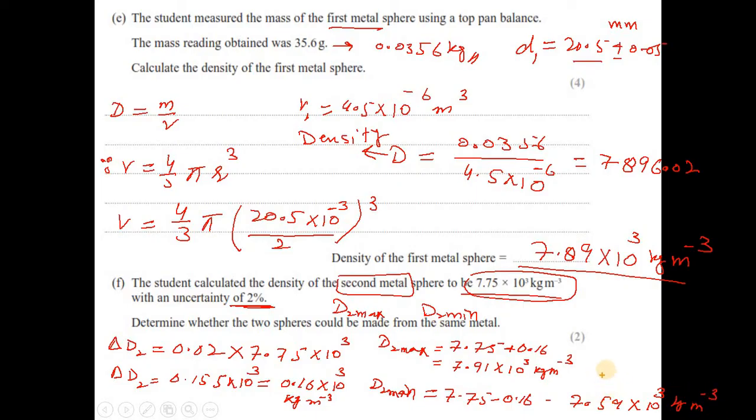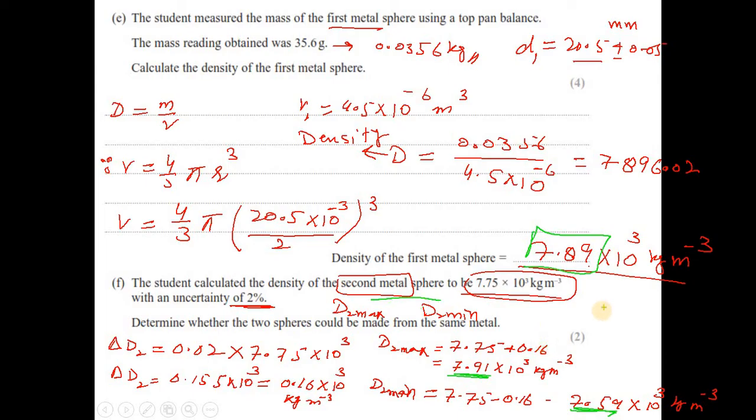And now, since the density of the first metal is 7.89, if you see, 7.89 is the density, I'm not including the 10^3, so 7.89 lies between 7.59 and 7.91. That means it is possible that the first metal sphere is made of the same material as that of the second.